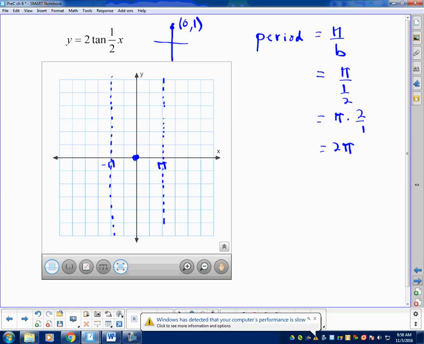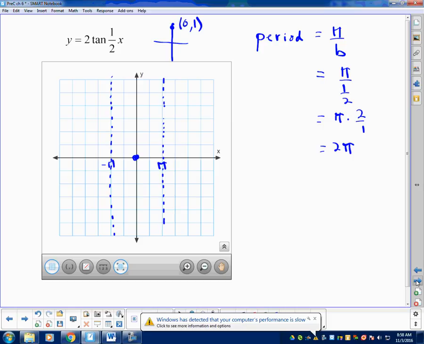Same thing on negative pi. So that's the process I go through, at least. Just double checking it, making sure I'm okay. I don't graph tangent a lot. And then we saw that it goes through the origin. The shape is generally the same. All that this 2 is going to do is make it grow a little faster. So, for example, what would be a good value to plug in here to demonstrate that it's growing a little bit faster?